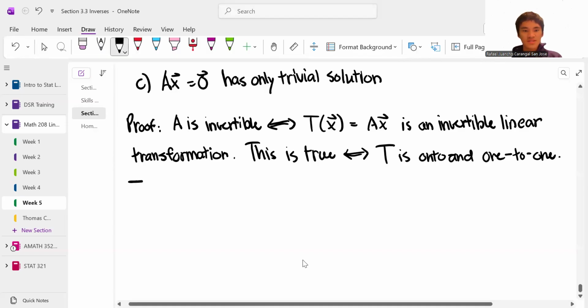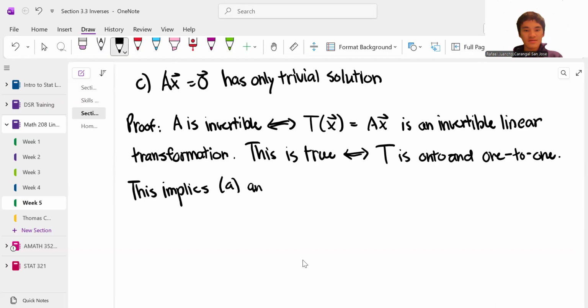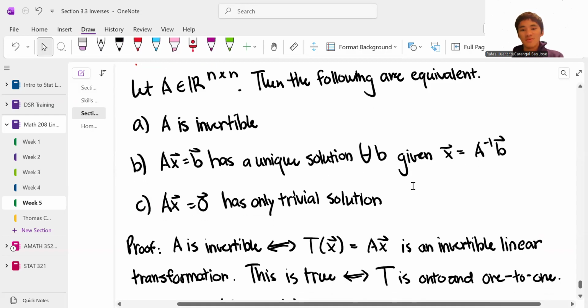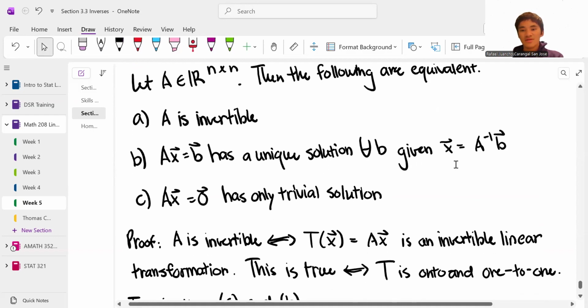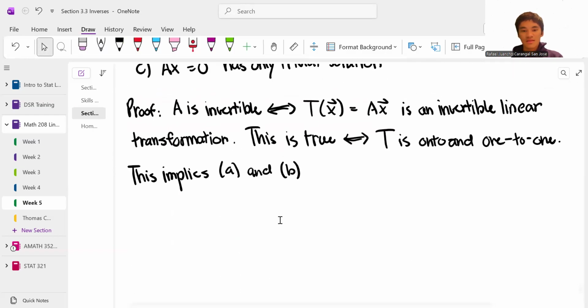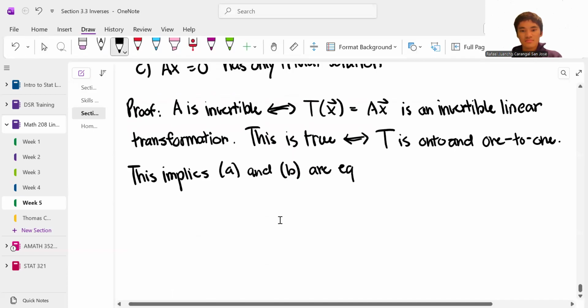Based off of this explanation, this implies that, where A is invertible and this linear system in compact form has a unique solution for all B, then X is the inverse times B. This implies A and B are equivalent.